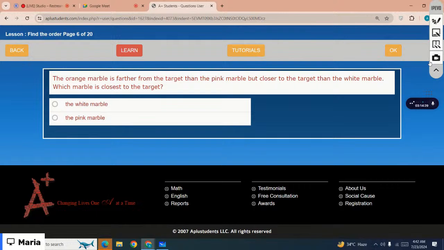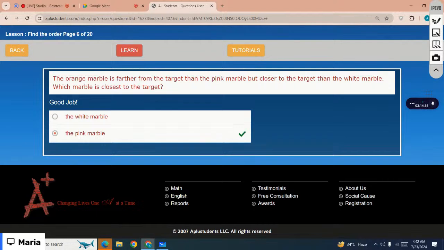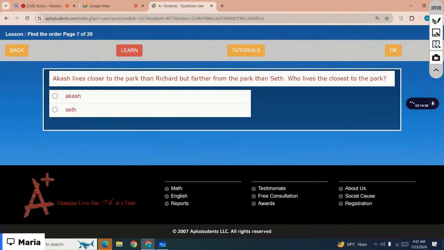Okay, let's see, that is the pink marble. Yes, option number two is the correct option, right?